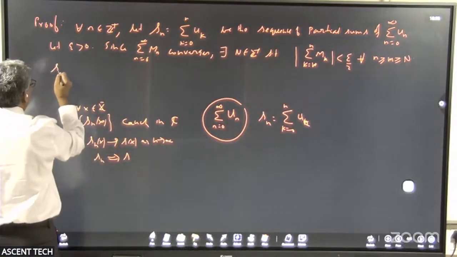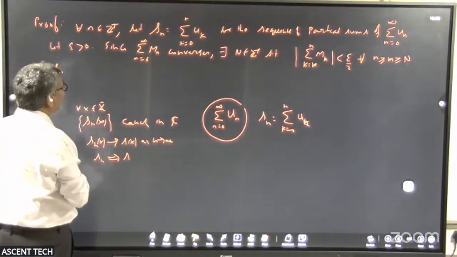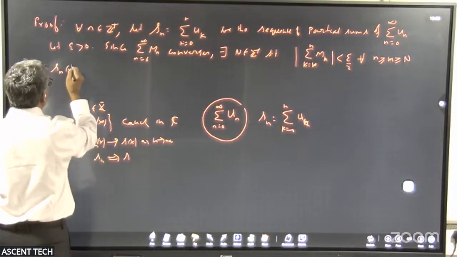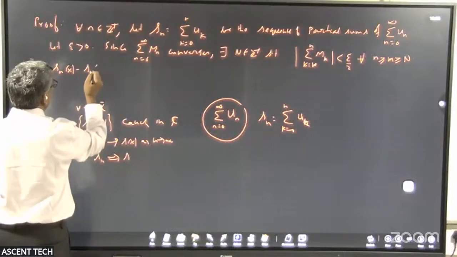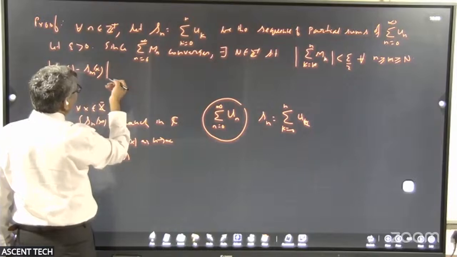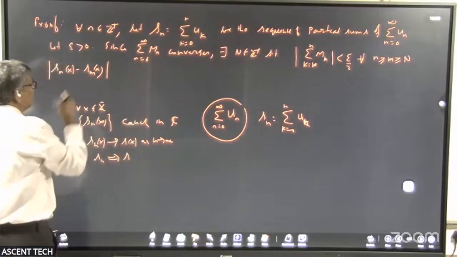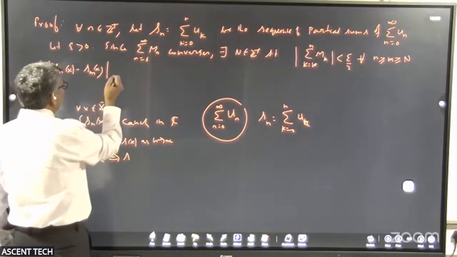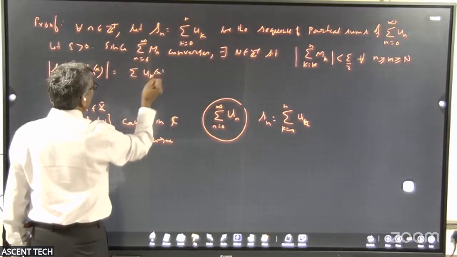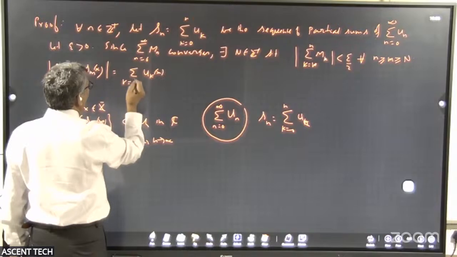Now Sn minus Sm, that is Sn(x) minus Sm(x), in modulus is really the partial sums separated. So this is nothing but sigma uk(x), k equal to m to n.